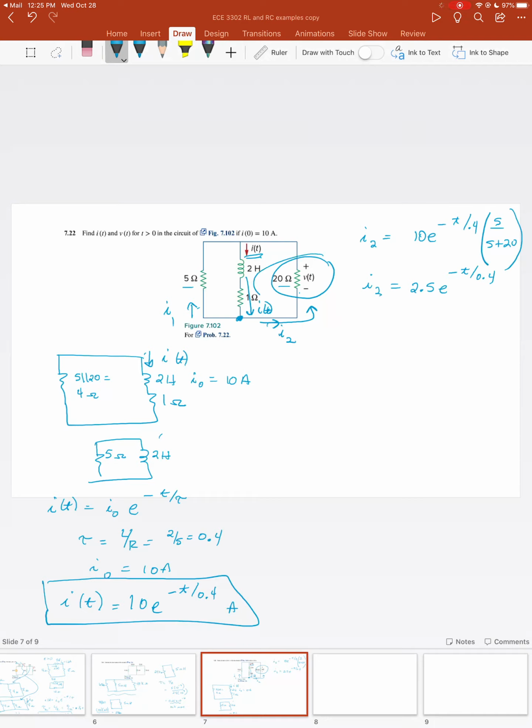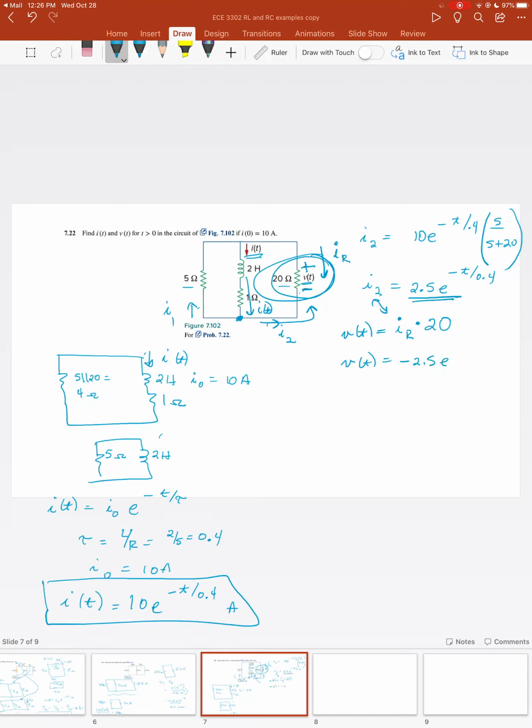That's I2, and we've defined I2 as going up. Now, if you look at the way the voltage is defined, according to the passive sign convention, the voltage is defined in this way. So the actual current I, if we're going to use Ohm's law and actually solve for V of t, V of t is I, and let's call it I of the resistor, times 20 ohms, but notice these two are opposite in direction.